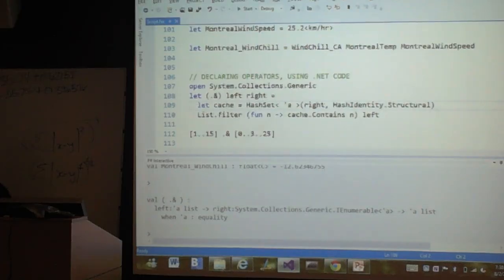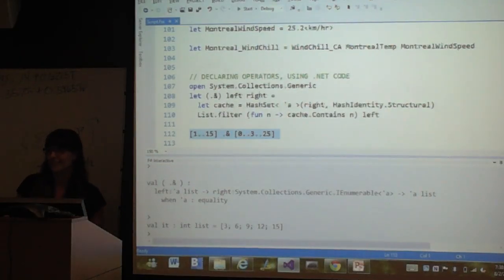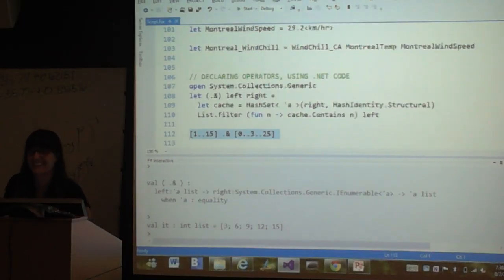Is that a union or an intersection? The intersection, I'm sorry, not the union. So if you had a dictionary there, then you could say apostrophe A, comma, apostrophe B to get the type of both the parameters and the operator.